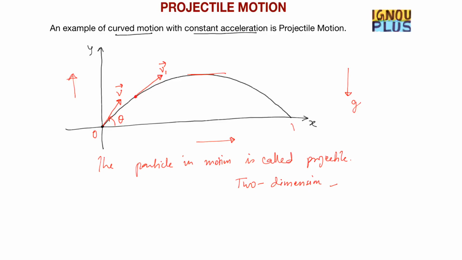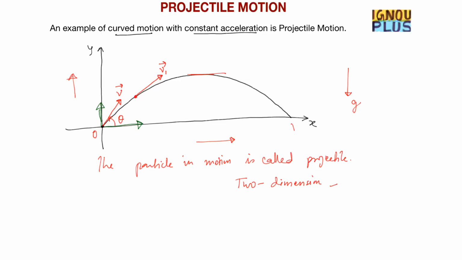So the direction is tangent to the curve, or tangent to the trajectory. And when we do a bit of mathematics here, what do we see? We see that this v has two components, one towards the x-axis, like this, and another towards the y-axis.